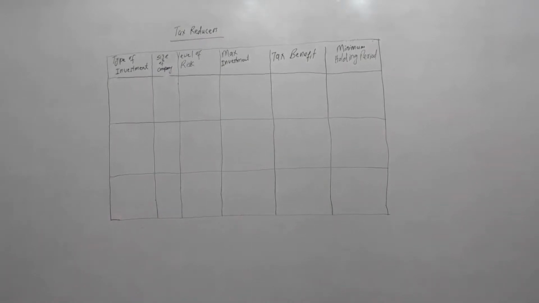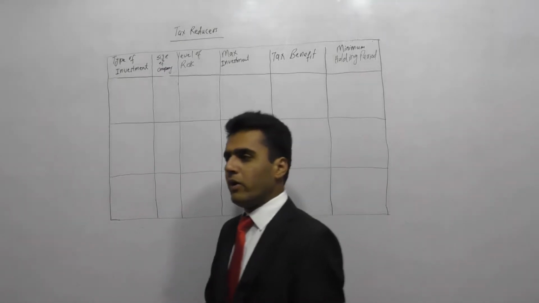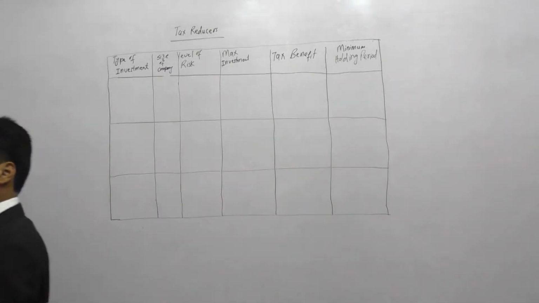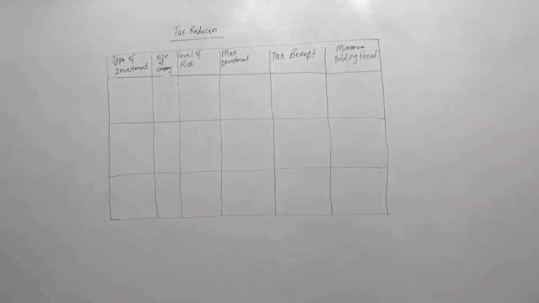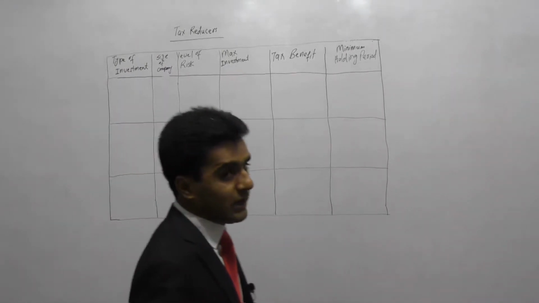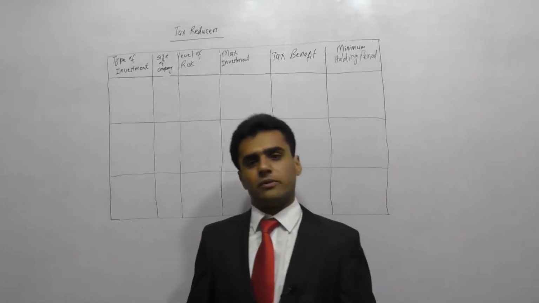Now what are these 3 tax reducers? These are investment companies. When you buy shares in these companies, whatever amount you have invested in these companies, you will get some relief on that. These 3 tax reducers are the enterprise investment scheme, seed enterprise investment scheme, and venture capital trust.